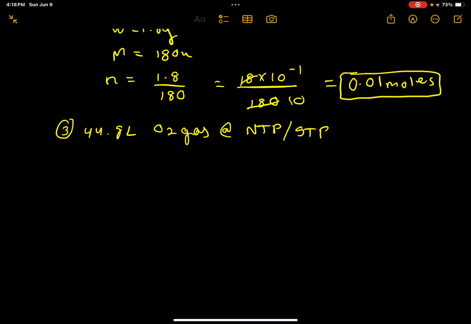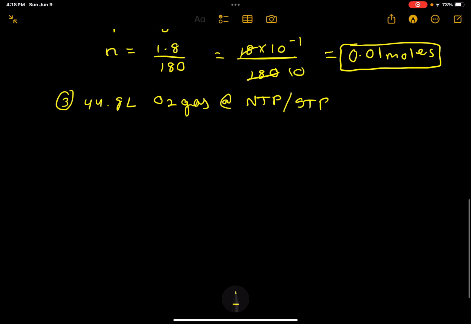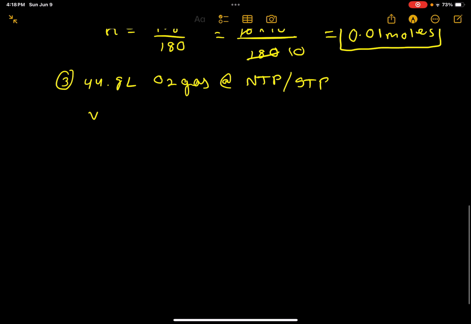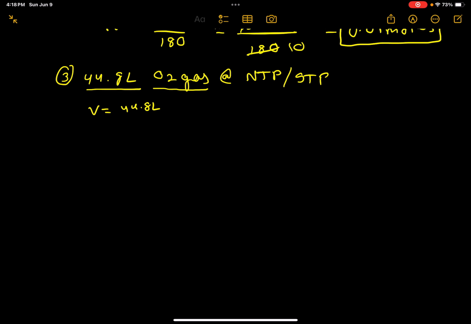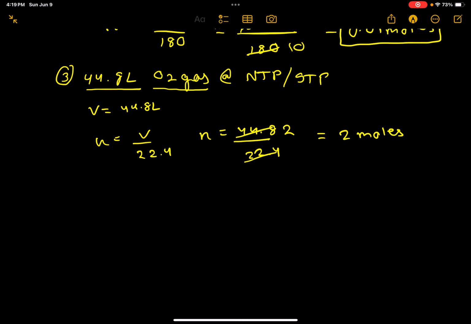So that states that we have the volume as 44.8 liter, and now we do not have to take the mass because it is O2 gas and we have volume. So that means n is equal to V upon 22.4. So n is equal to 44.8 upon 22.4. That means equal to 2 moles of oxygen gas.